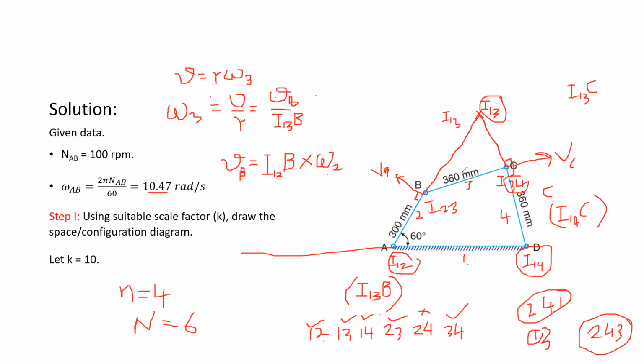So 2, 4 will be lying on the line which is joining these 2 points. Okay, so if I join this point and extend, and this line we already drew in search of 2, 4, here also this is the line on which the point 2, 4 will come. So whatever you get here will be your ICR 2, 4.